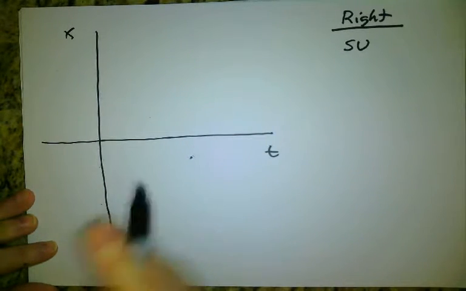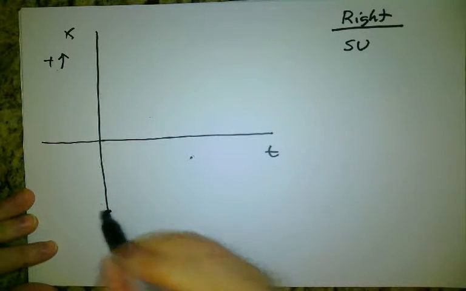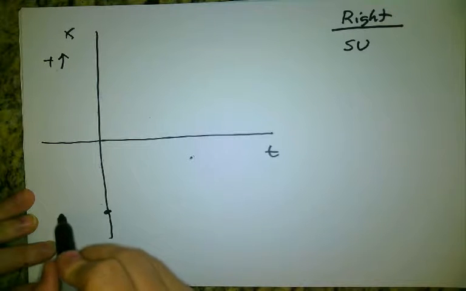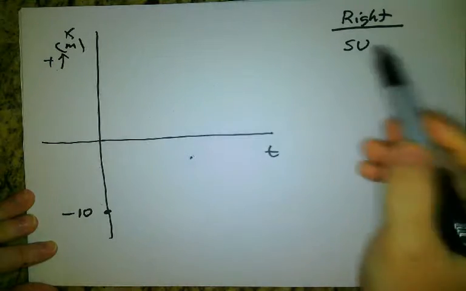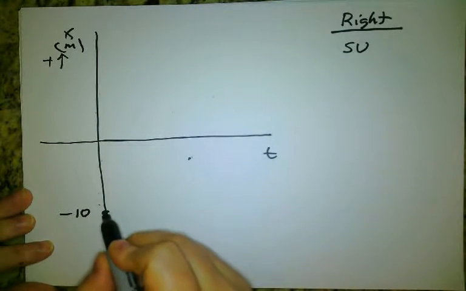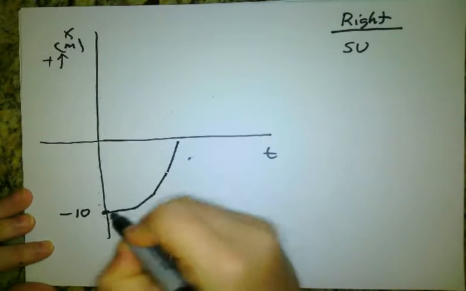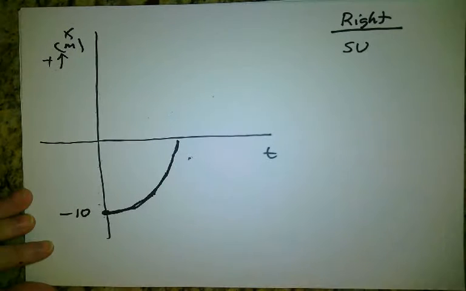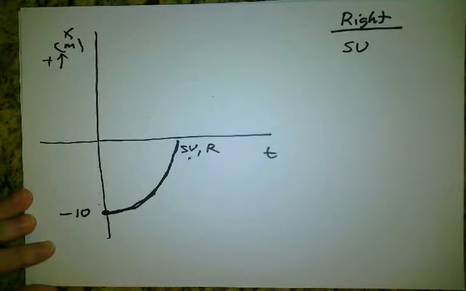So it doesn't matter where I start as long as I'm moving in the positive direction. Let's say I start here on the negative side of the ruler. This is negative 10 meters. What this means when you're speeding up is that your slopes start shallow and they get bigger, so you end up seeing a kind of bowl-up shape. This is speeding up right.